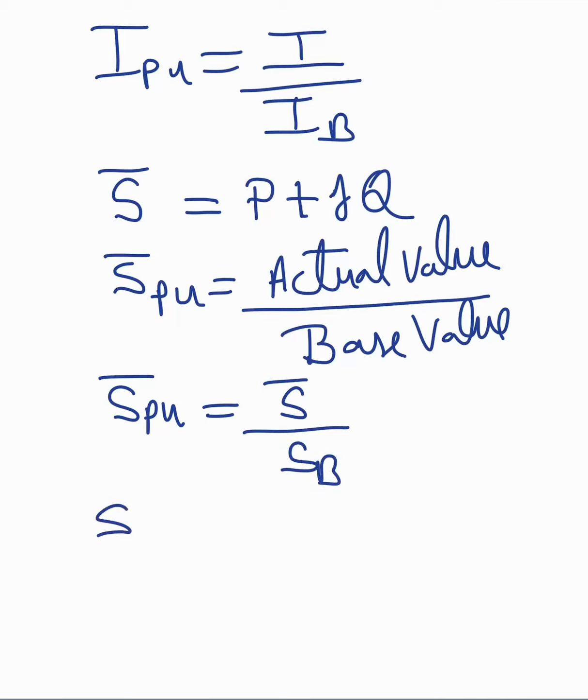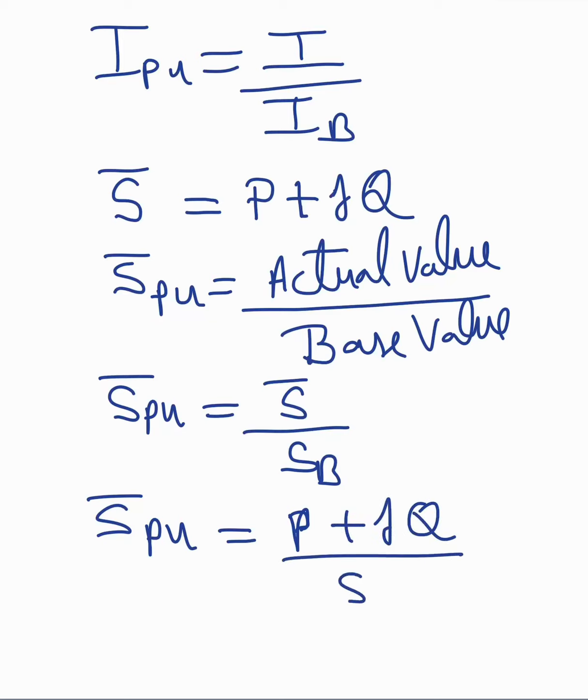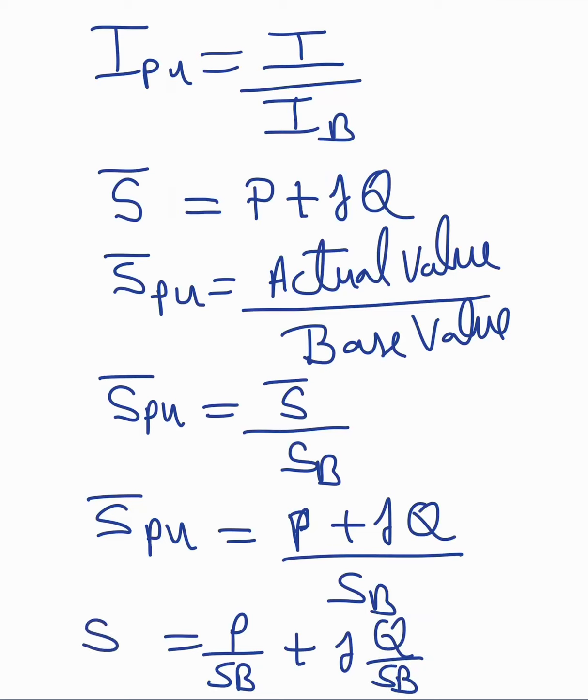So S per unit is equal to P plus JQ upon SB. So we can write P upon SB plus JQ upon SB, that is S per unit. So here you can write S per unit is equal to P per unit plus JQ per unit.